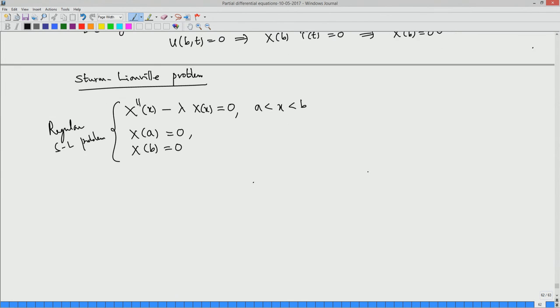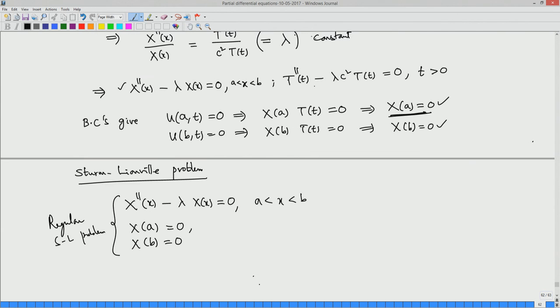You know how to find eigenvalues and eigenfunctions. Eigenfunctions are the non-zero solutions satisfying these boundary conditions, and the corresponding λ values are eigenvalues. Corresponding to those eigenvalues you come to the other problem, and you can solve this second order equation and get the solution.